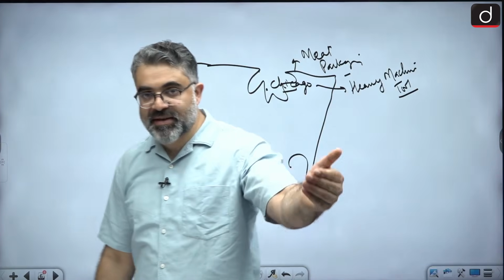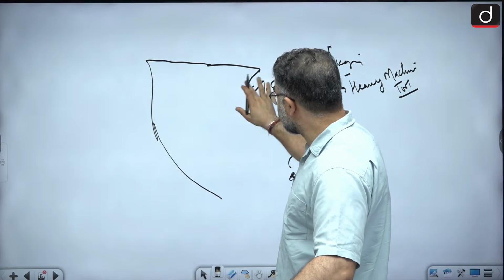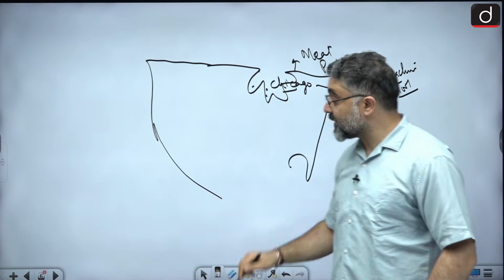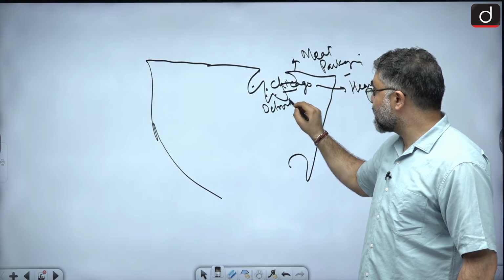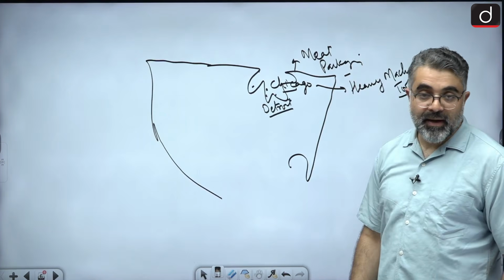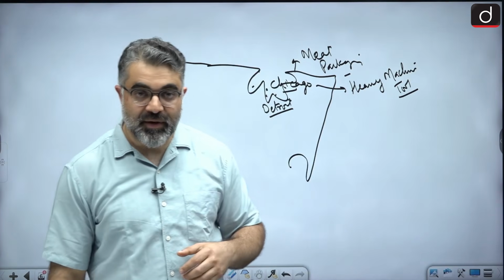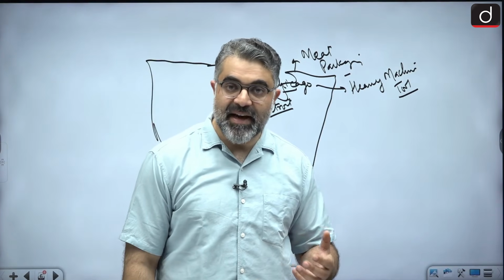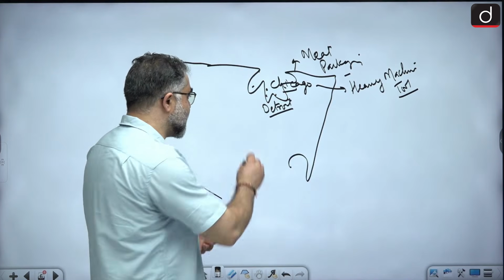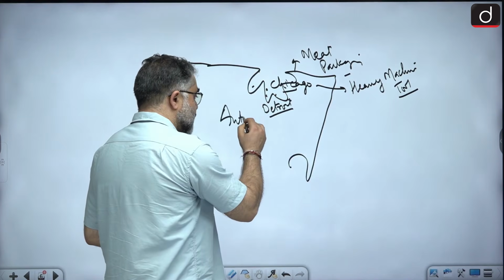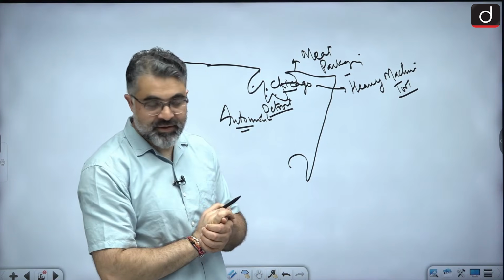Exactly to the west here, as you go close to Lake Erie and Superior, next to that, there's a city known as Detroit. And I'm sure most of you know what Detroit is famous for. It's called the automobile capital. It has a huge production of cars and automobiles.